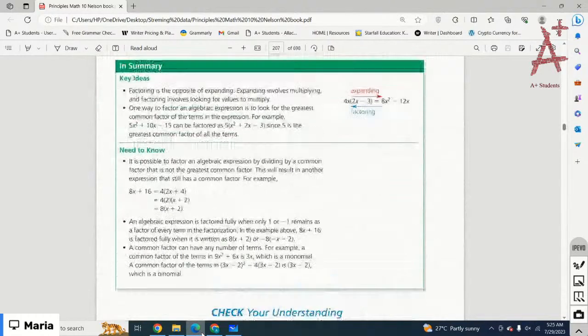Okay, factoring is the opposite of expanding, right? So factoring and expanding are opposite to each other. Expanding involves multiplying and factoring involves looking for values to multiply. One way to factor an algebraic expression is to look for the greatest common factor of the terms in the expression.